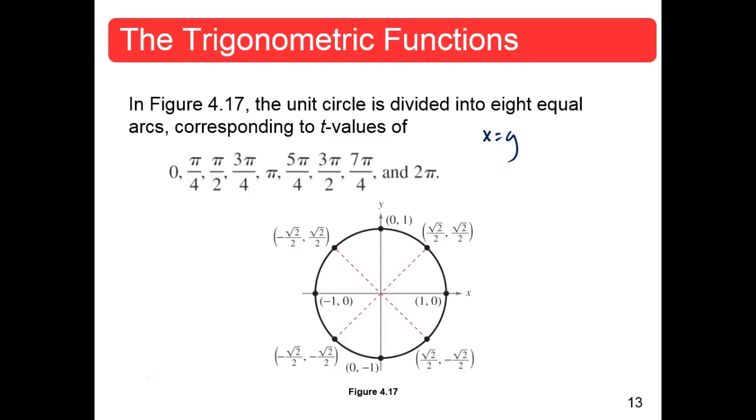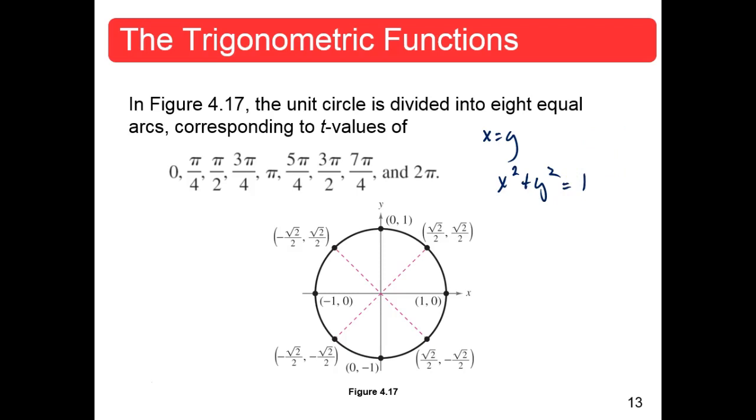What equation is always true on the unit circle? x squared plus y squared. Perfect. Because x squared plus y squared for any circle is r squared, but because it's a unit circle, the radius is 1, so that's 1.